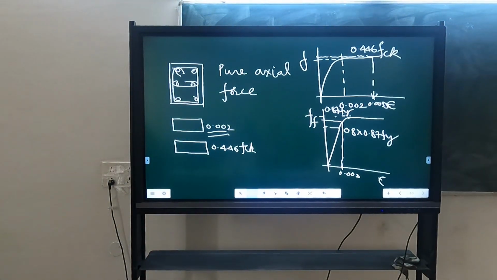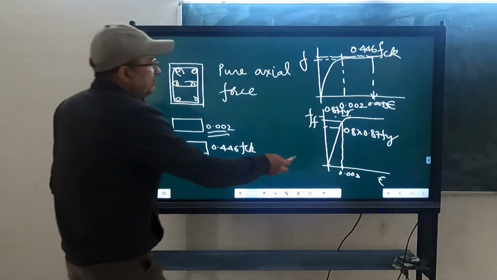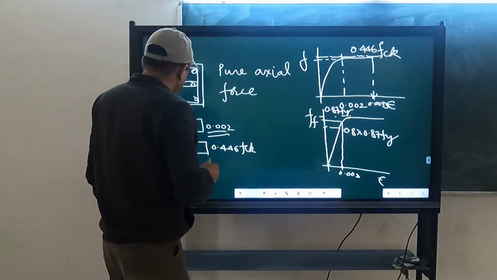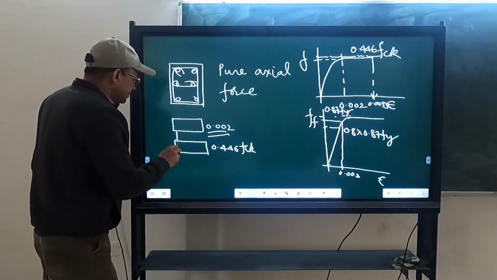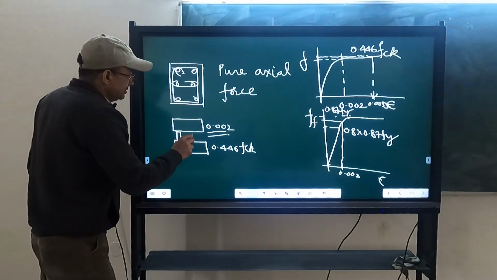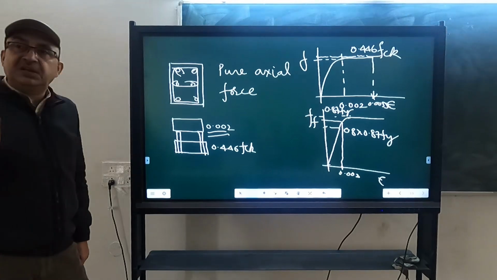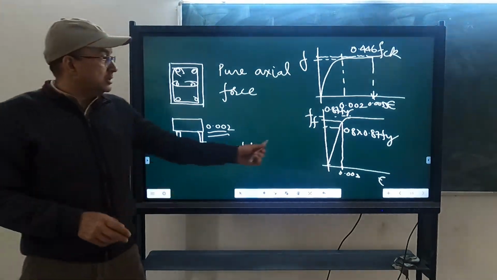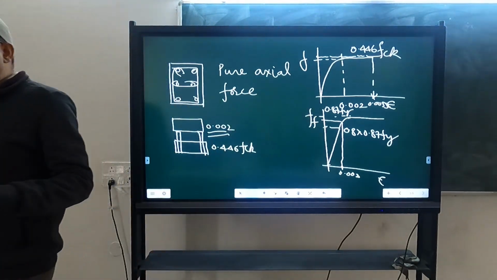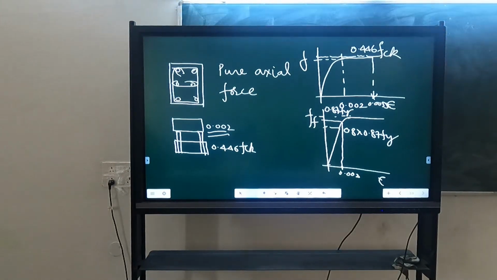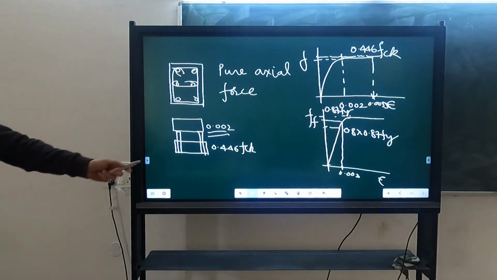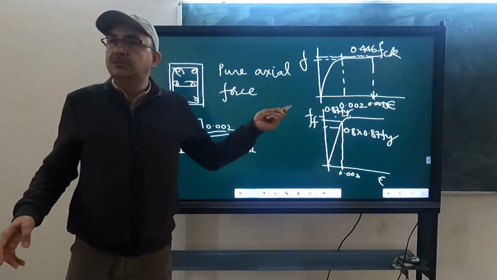But actually, we should read from the stress strain curve what the stress is here, and that stress we will be taking. That is already the stress in steel, based on the modulus of elasticity of steel. So we need not multiply it by anything else, no modular ratio or anything, because we have taken the actual stress in the steel.